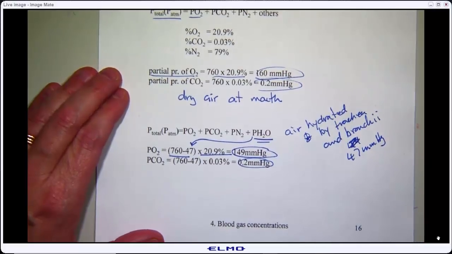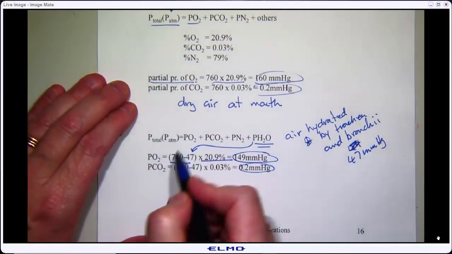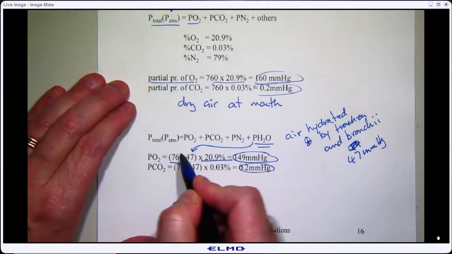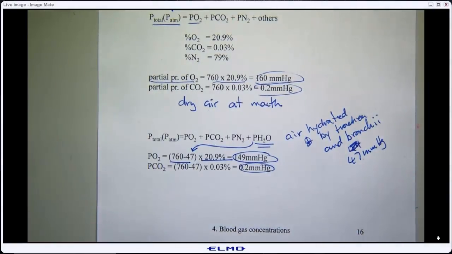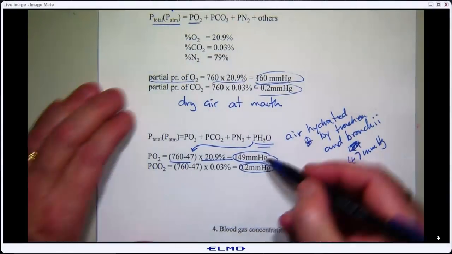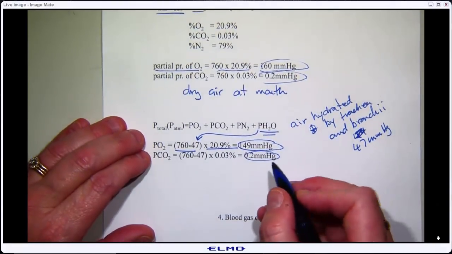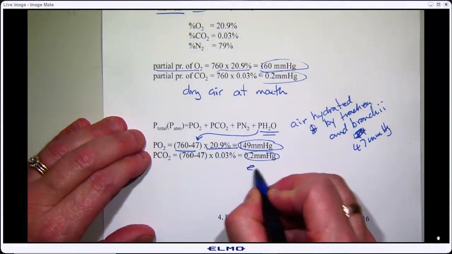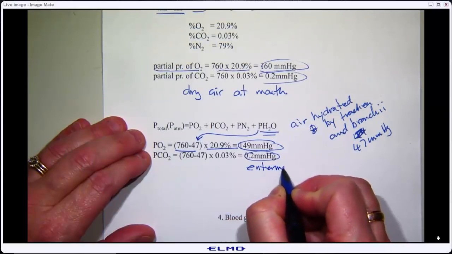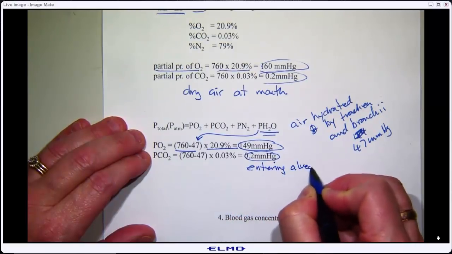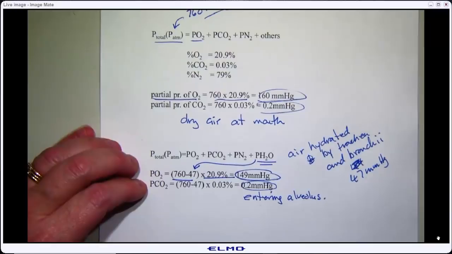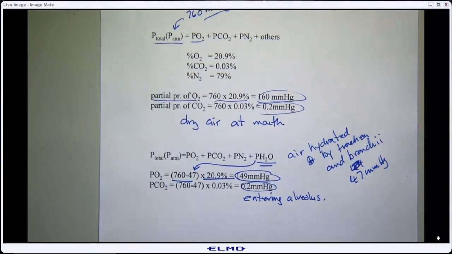So we remove that from atmospheric and recalculate, so that we have about 150 millimeters of mercury PO2 and 0 PCO2 entering the alveolus. So hopefully that is what we're bringing in.